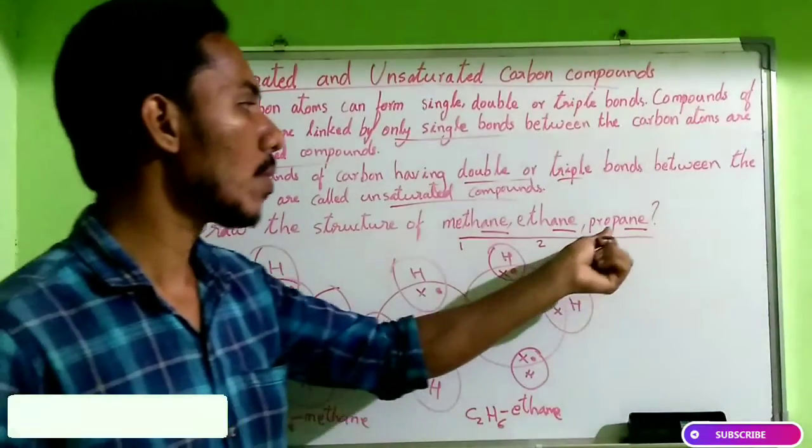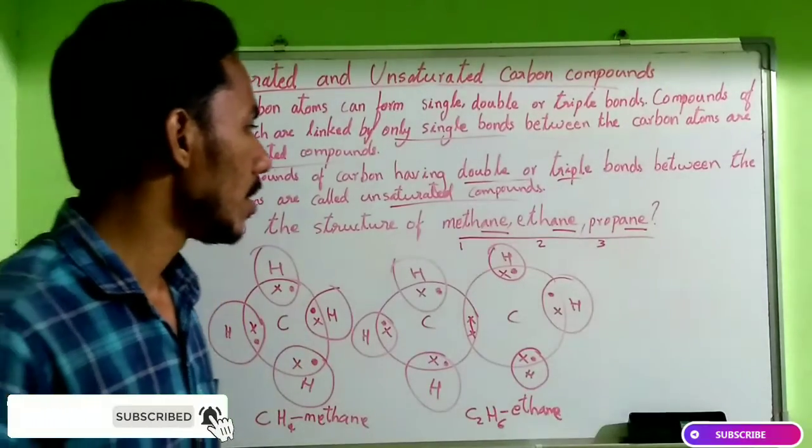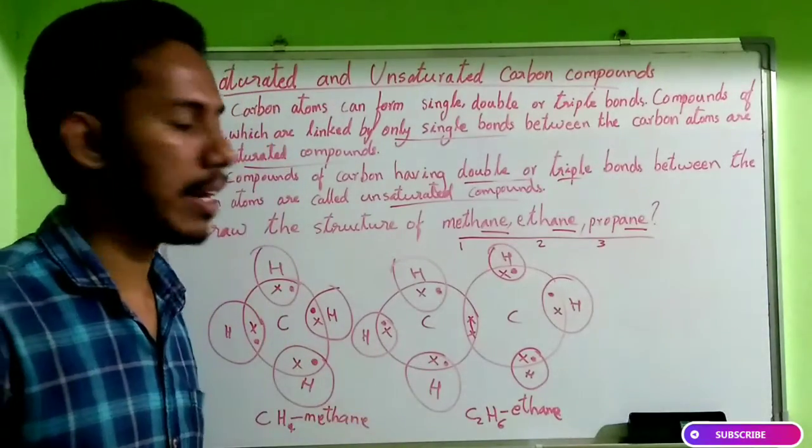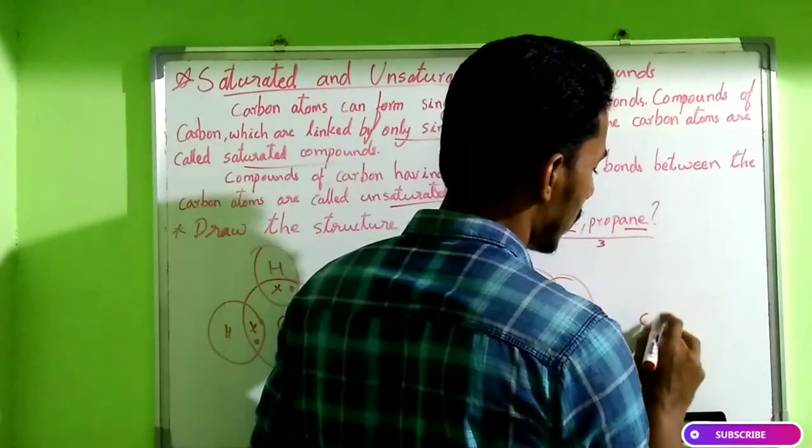Then we have to draw the dot structure of propane. Prop means 3 carbon atoms.